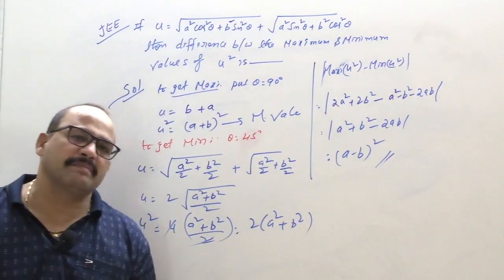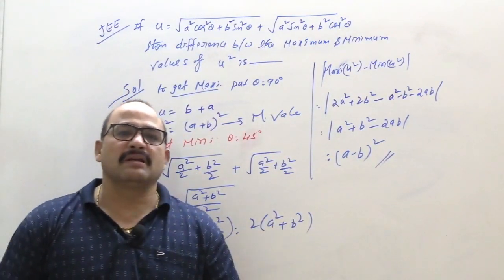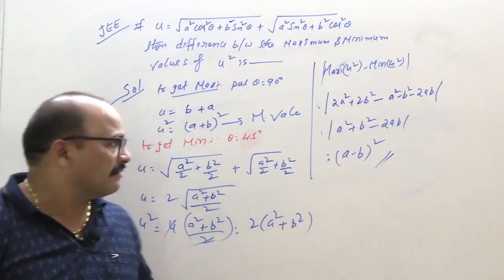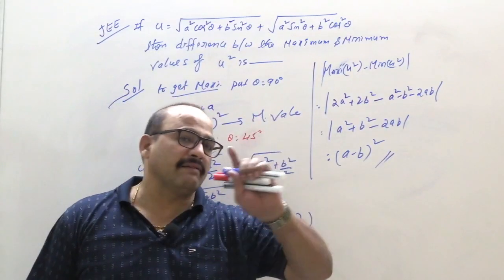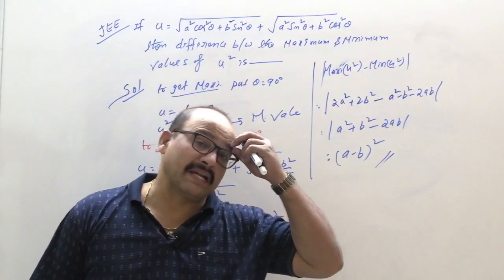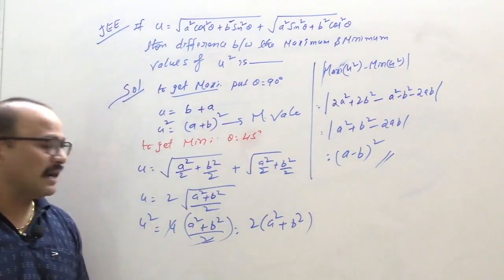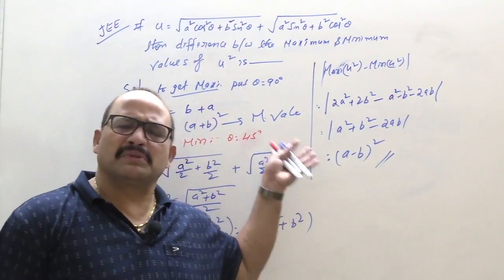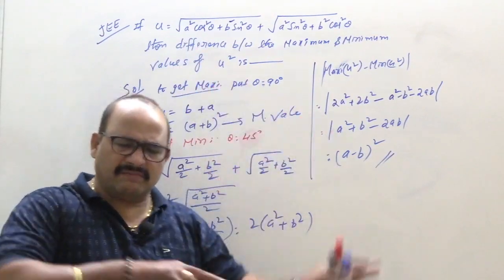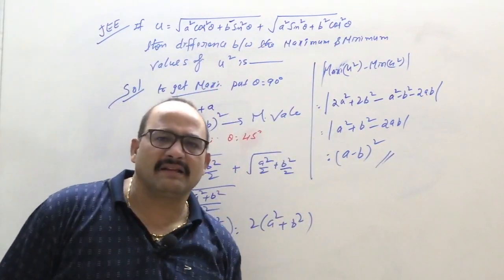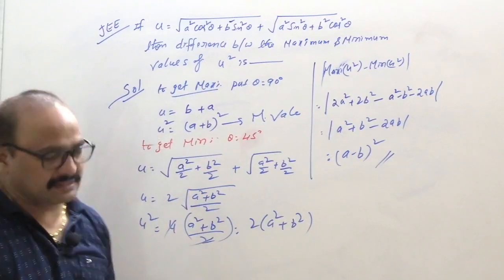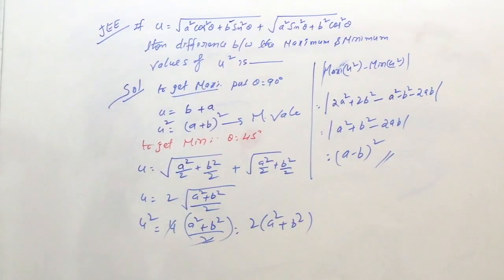Best approach, dear students, please follow these rules. It never fails. When sin cos even powers are there, go for it like this to get maximum and minimum. Forever applicable. Otherwise the derivative concept, the simplification is very lengthy. Okay? That is our final answer, a minus b whole square.